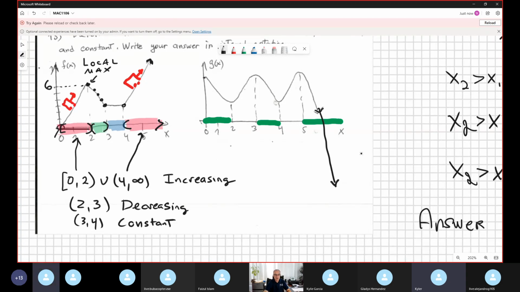So you can write decreasing is bracket 0, comma 2 parenthesis, union, 3, 4, union, parenthesis 5, comma infinity. And the transitional points are not included.